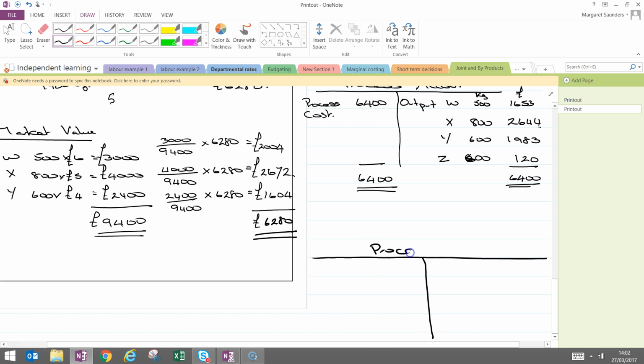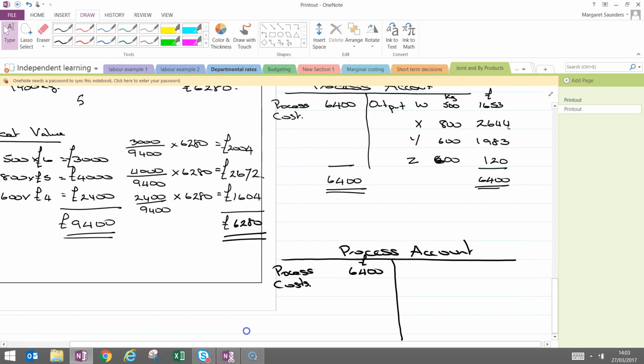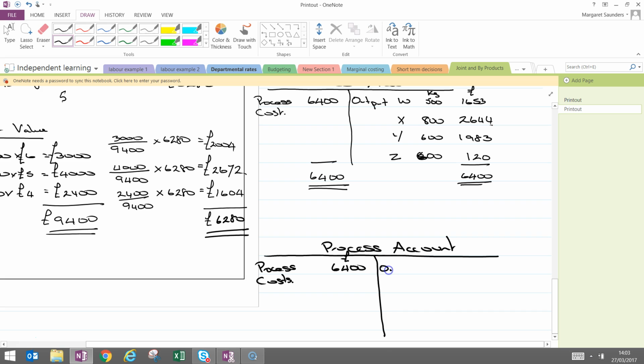Process account. Debit side is the costs. Credit side is our output, kilos and value.